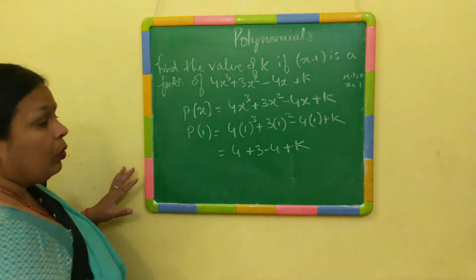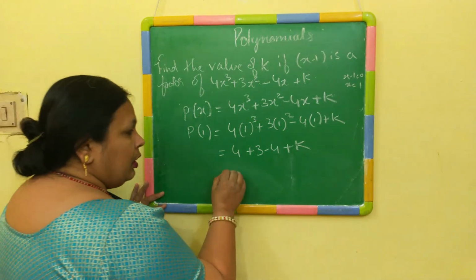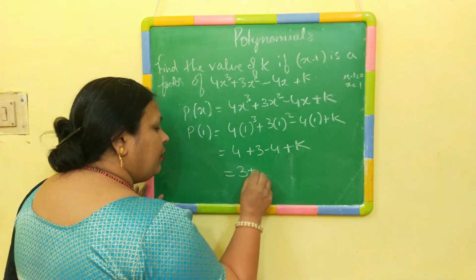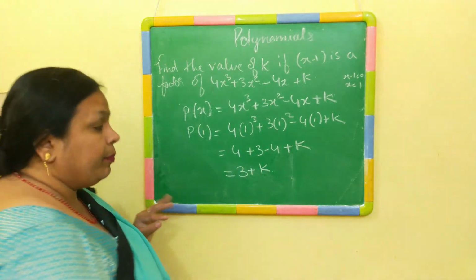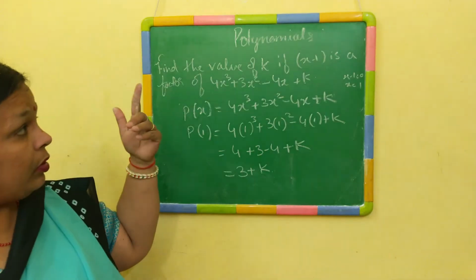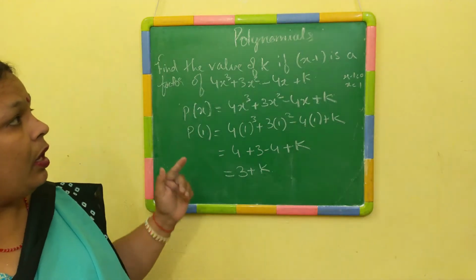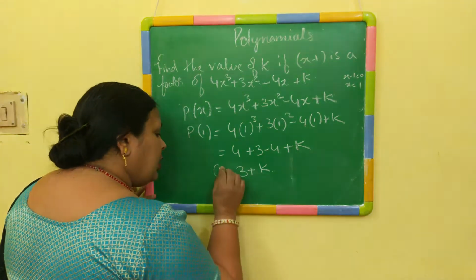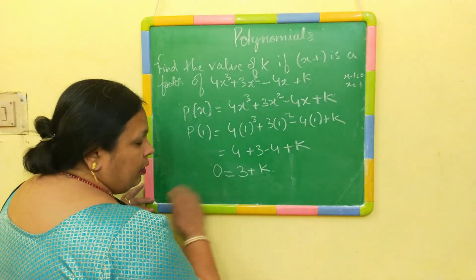Clear? Now the 4 and minus 4 will be cancelled. We are left with 3 plus k. P(x) is given and x minus 1 is a factor, so this value has to be 0, meaning the remainder will be 0.